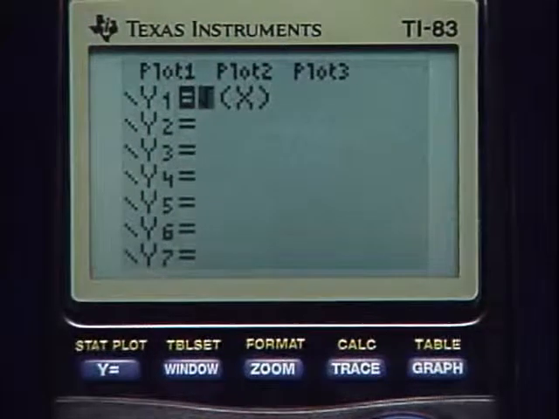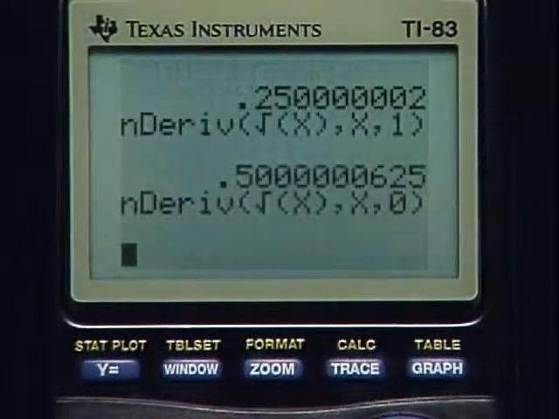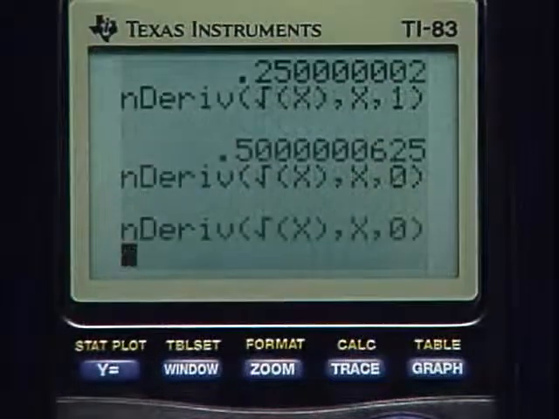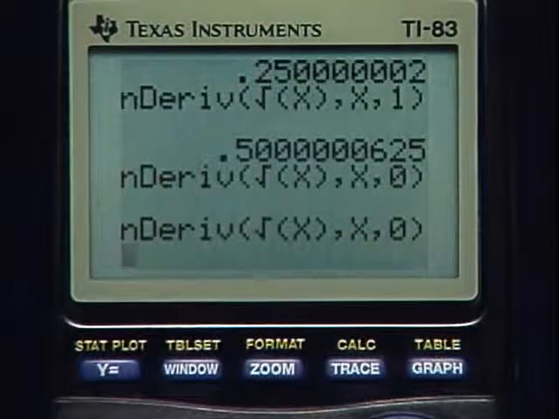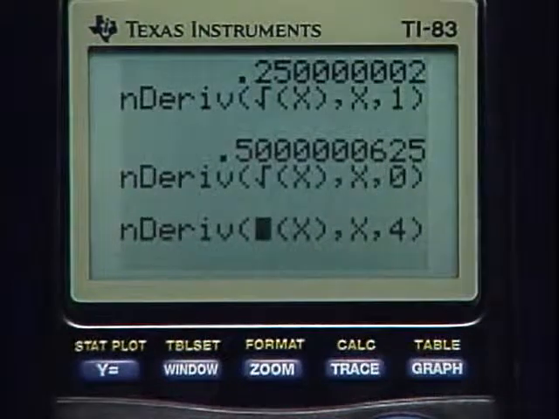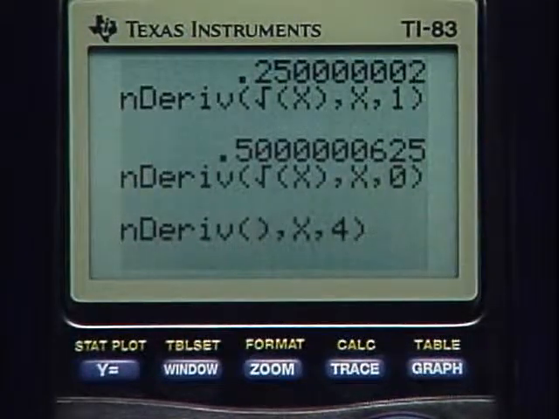So what we could do, and I'm quitting out of here, and then I'm going to go second enter. And I'm going to change this part to 4, but instead of entering the square root of x or the expression like this, I'm going to delete this, and I'm going to enter y1.